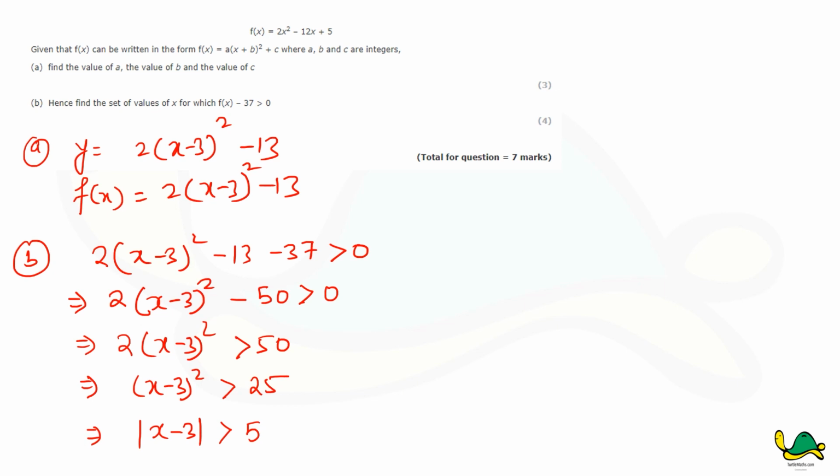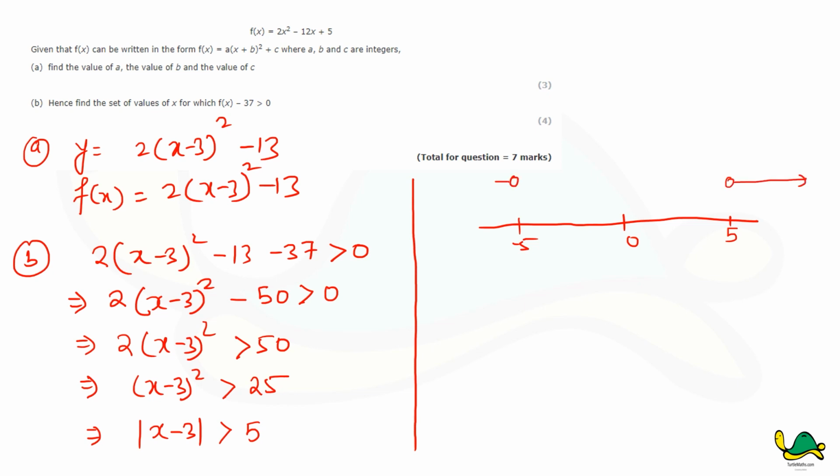So modulus means the distance on the x-axis from the origin. If I draw my origin here, there are 2 points for which the distance can be equal to 5, which are positive 5 and negative 5. And I want the distance to be greater than 5, so it means I should go in this region or in this region. So that means either x minus 3 is less than negative 5 or x minus 3 is greater than 5.